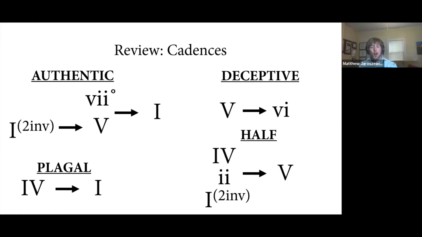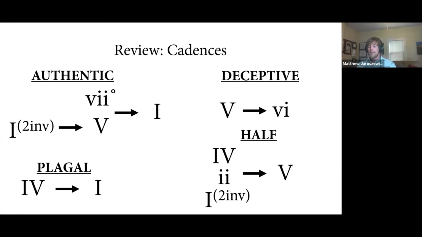And we can have 1 in second inversion, moving to 5, then moving to 1, where the bass is the 5th of the chord for the tonic chord. So G in the bass, then C and E. That chord moves to 5, and then from there to 1.